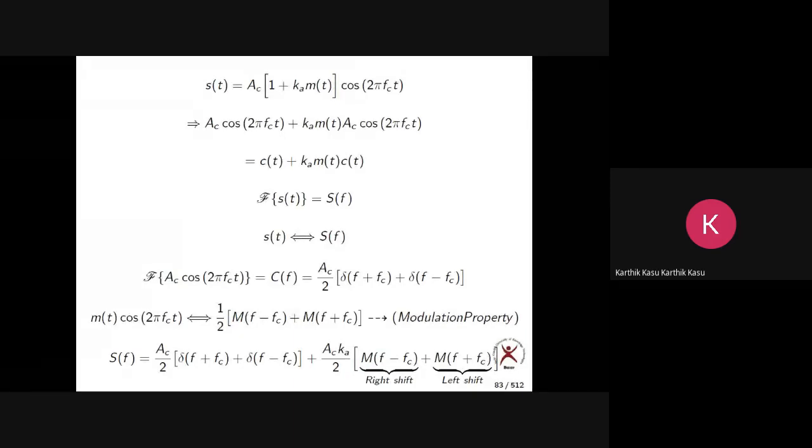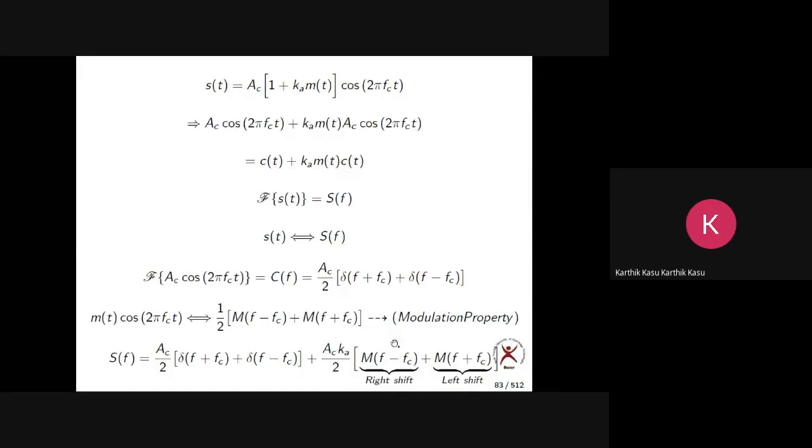This is a frequency translation. Now please look at this equation. We have two impulses at fc and at minus fc.